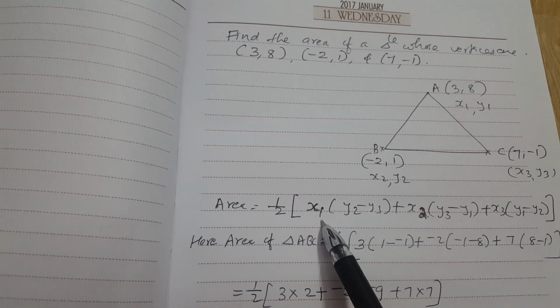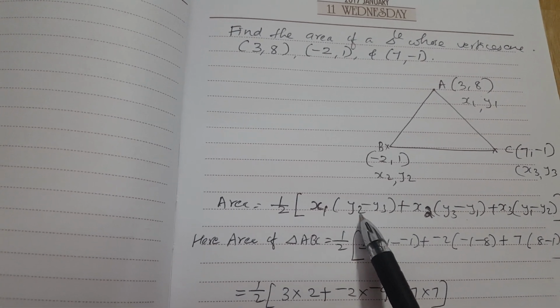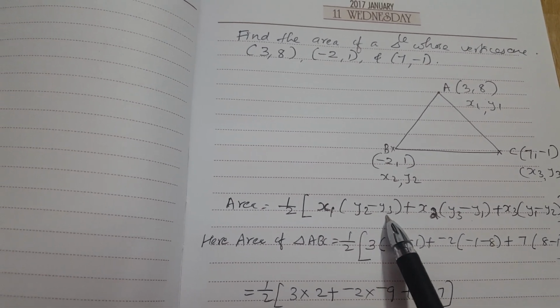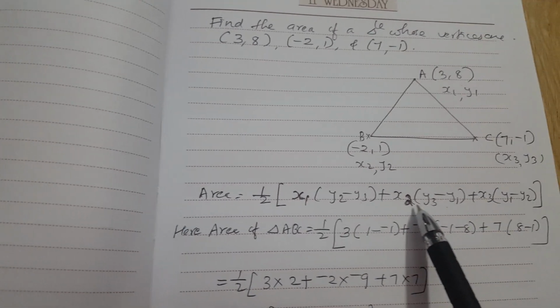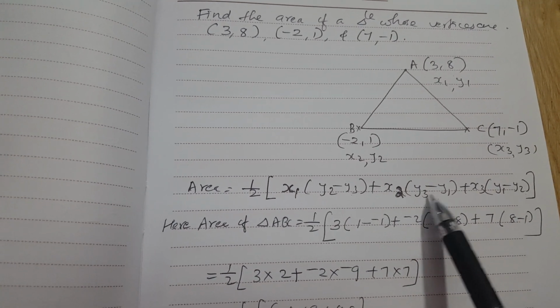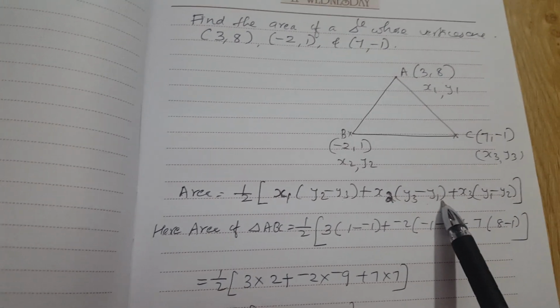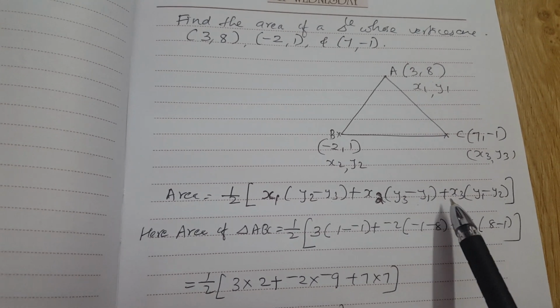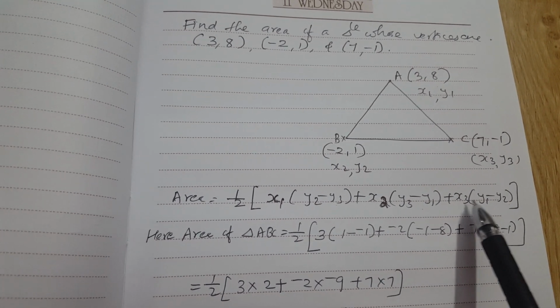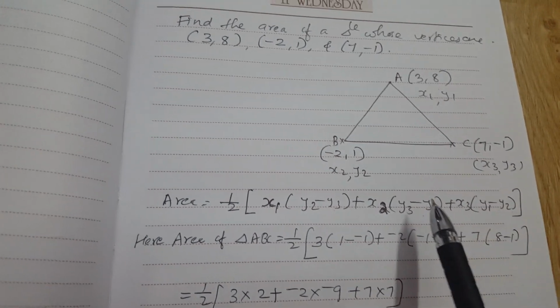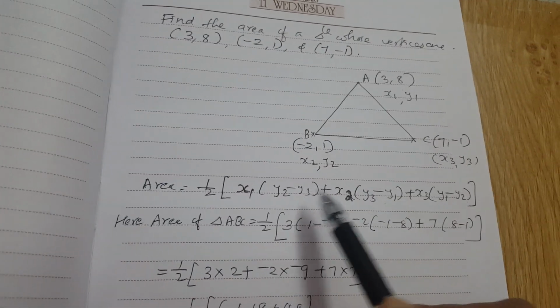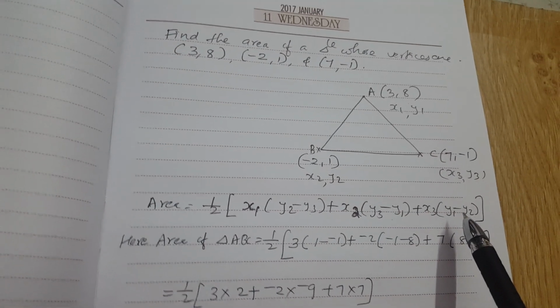Just see, x1 comes with 2 and 3, y2 minus y3. Then after x1, here x2. Then comes y3 and y1, 2, 3, 1. Then after x2 getting x3, then 3, 1, 2 in the cyclic order. Please study the formula, remember and study the formula.